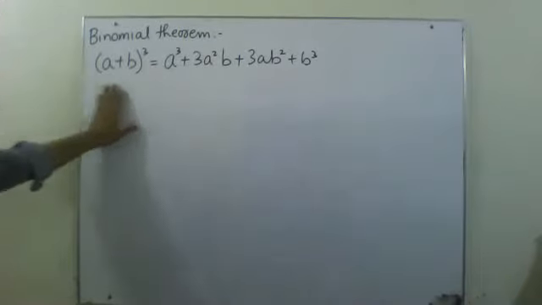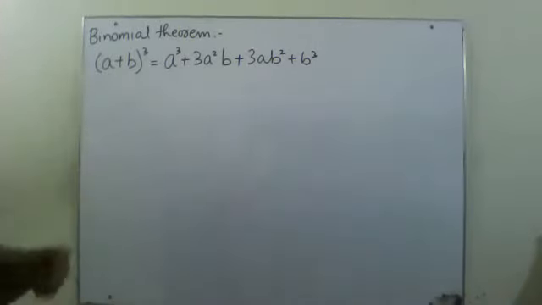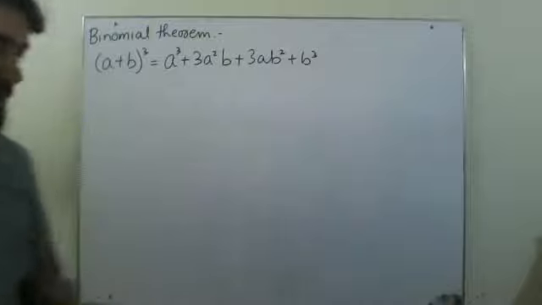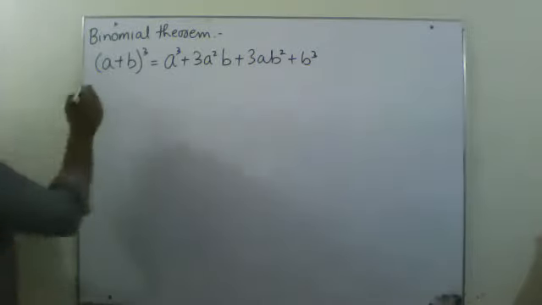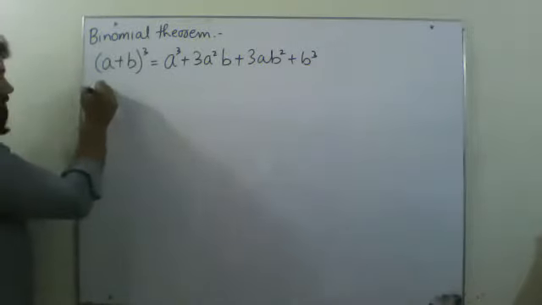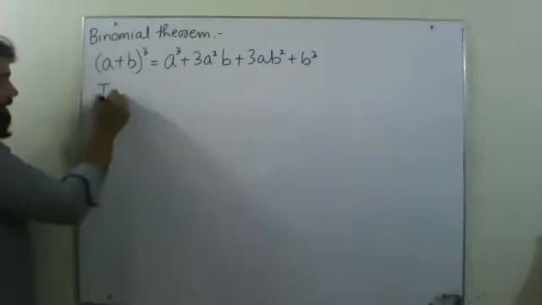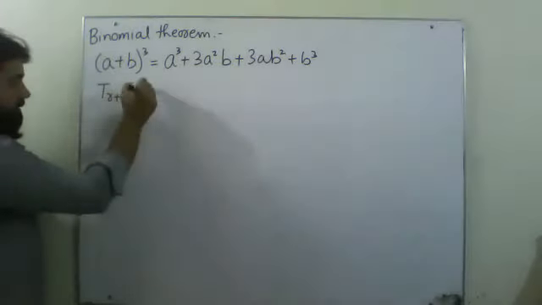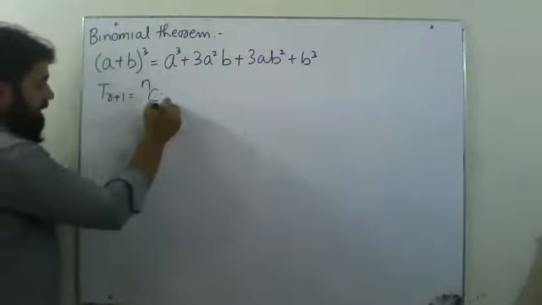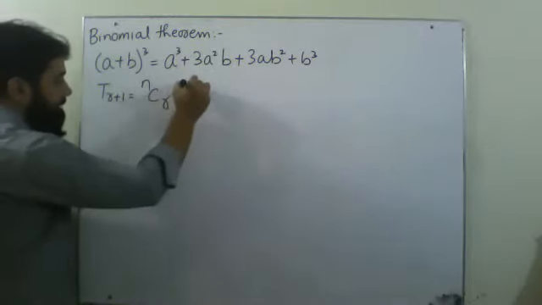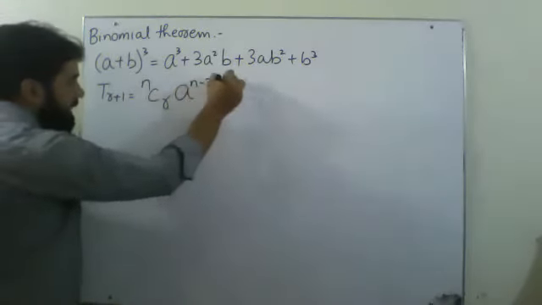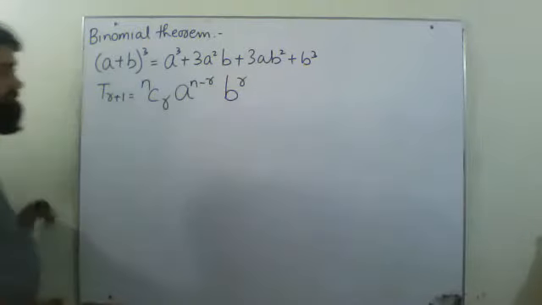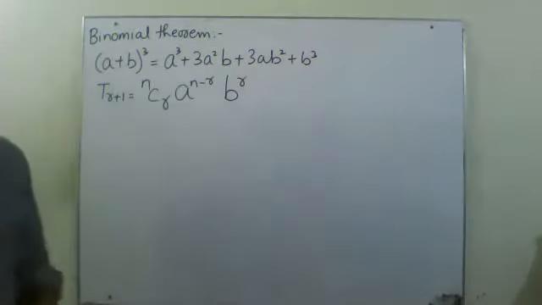So now, with the help of this example, I am going to write a general formula. What is that general formula? The general formula of the binomial theorem is T(r+1) equals nCr a to the power n minus r and b to the power r. This is my general formula.